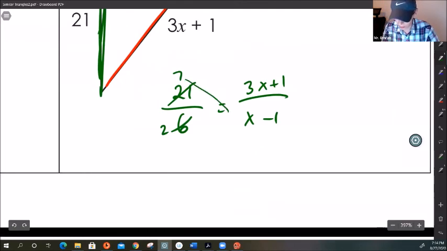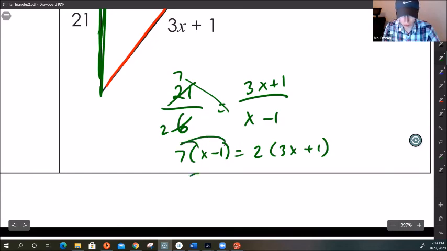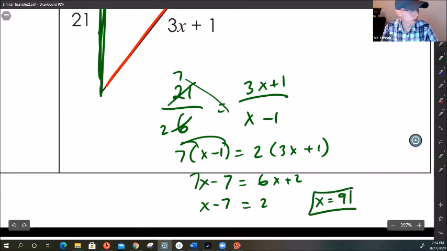So 7 times x minus 1 is equal to 2 times 3x plus 1. Distribute: 7x minus 7 is equal to 6x plus 2. Taking away 6x from both sides, x minus 7 is equal to 2. Adding 7 to both sides, you'll get x equals 9. Awesome, Crystal, good job. Crystal also got it before me.